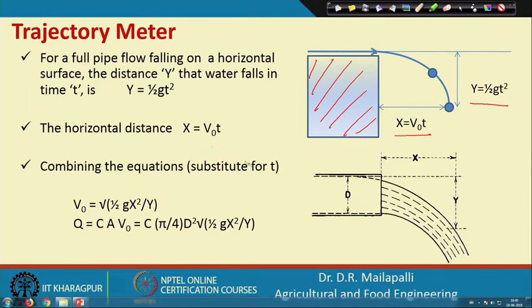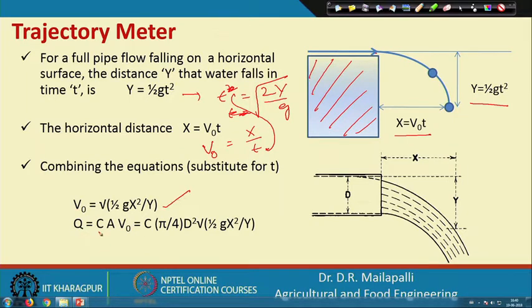Let us say v naught is equal to x by t. Then t is equal to square root of 2 y by g. Substitute this t and you will be able to get v naught.